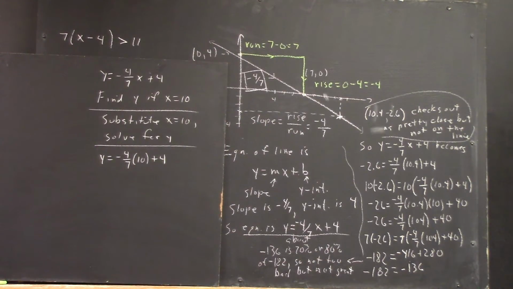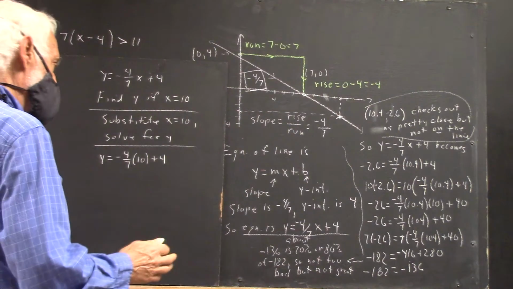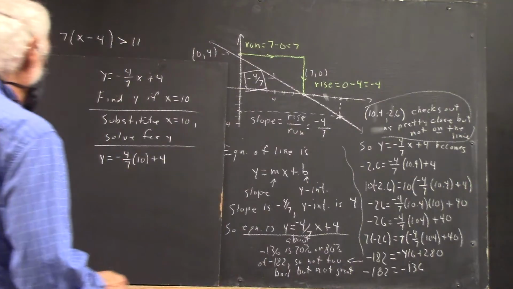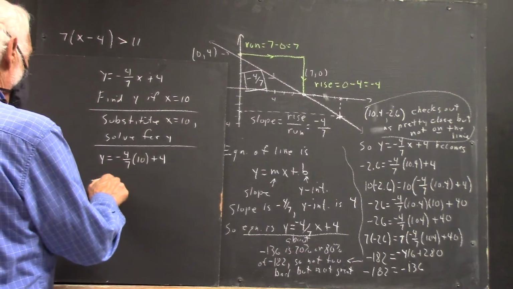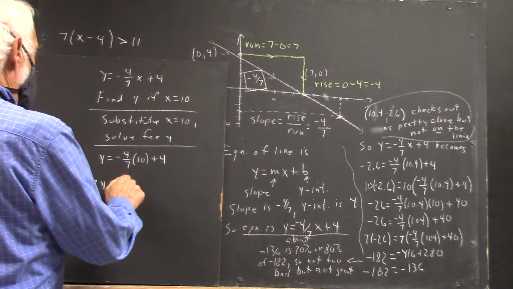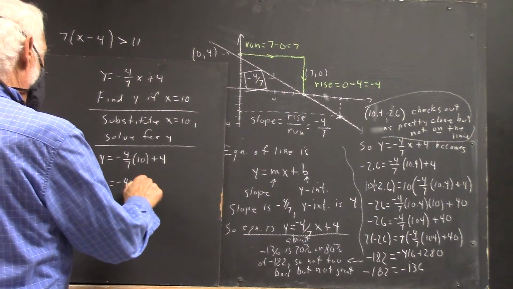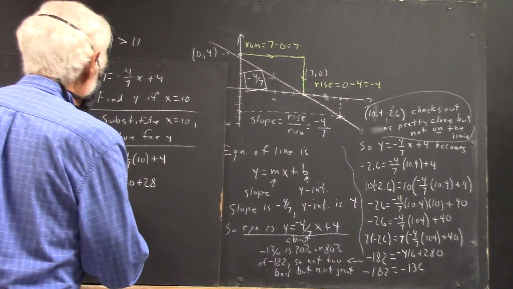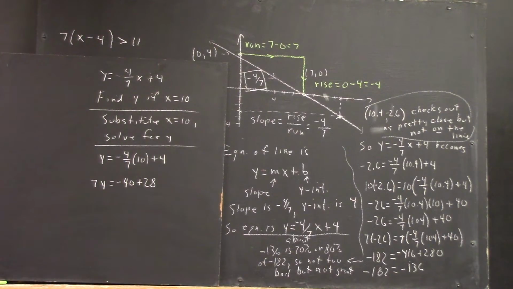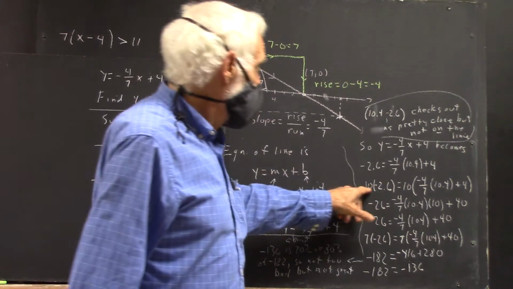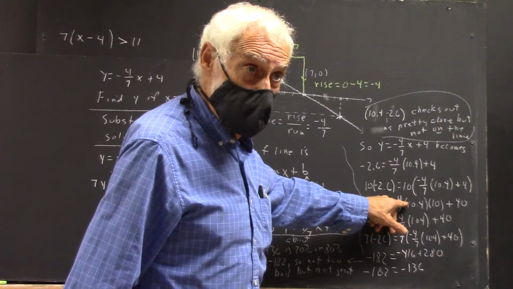Okay. Now, in this case, we're not going to multiply both sides by 7, although we could. Well, actually, I'm going to go ahead and do it because I kind of say a general rule. Okay. We get 7y equals -40 plus 28. Now, I've got 3 dots here indicating there's a step you want to do here where you multiply both sides by 7, right?